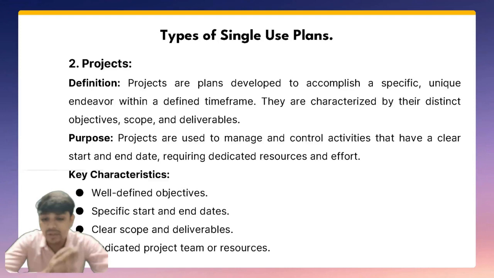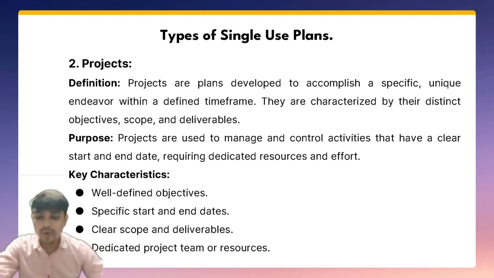Next, we have clear scope and deliverables. So when we have a scope, it is very defined in terms of guidelines, and deliverable, that is the result we expect out of the project. Next is dedicated project team or resources. We have final people responsible for the execution of the project and the amount of resources available to them.